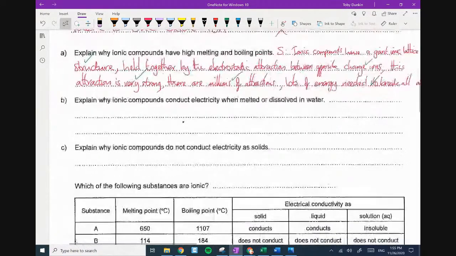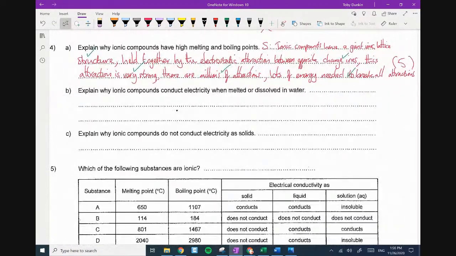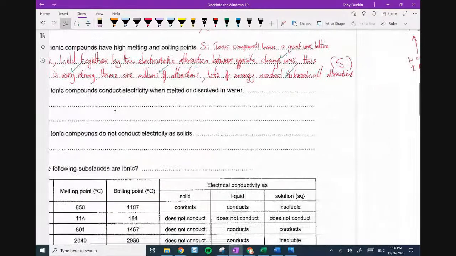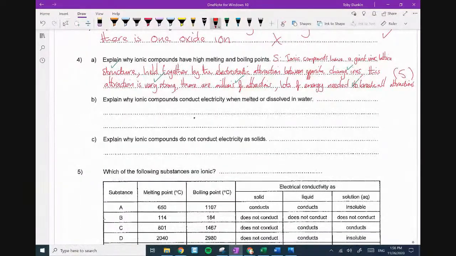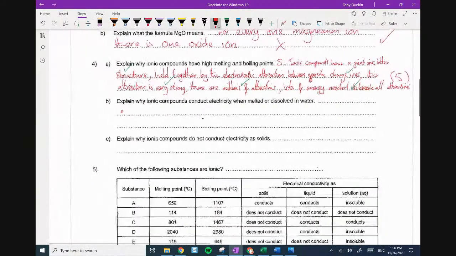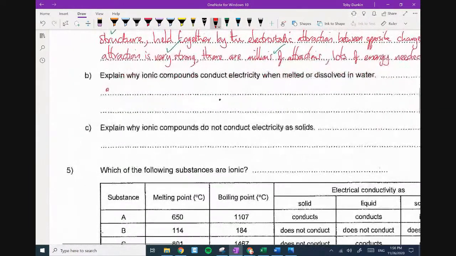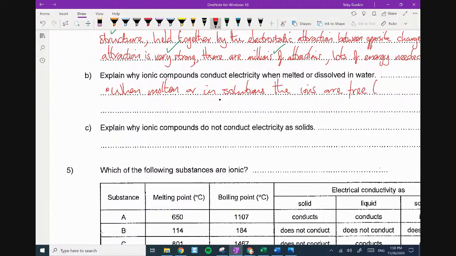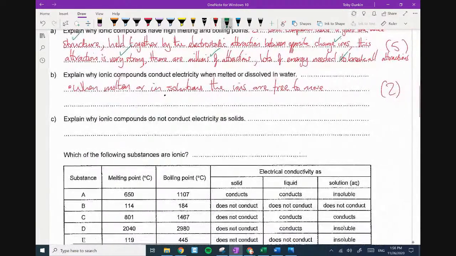Explain why ionic compounds conduct electricity when melted or dissolved in water. Bullet point number 1. So this is 2 marks. When molten or in solution, the ions are free to move. 1 mark. Ions are free to move.